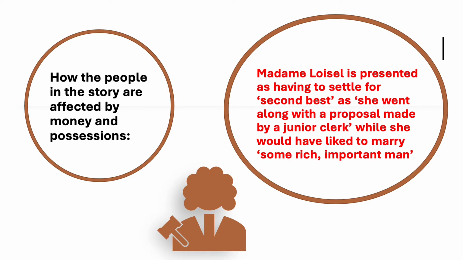And then let's move on to the second guideline, that is how the people in the story are affected by money and possessions. In this story, both Madame and Monsieur Loisel are affected by money and possessions. At the beginning of the story, the main character is presented as a woman who has to settle for the second best, a low-ranked junior clerk instead of a rich, important man.